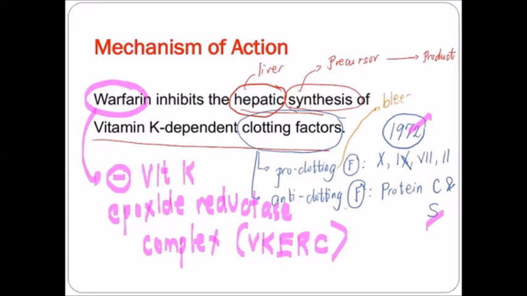Kapag na-block ang production ng 1972, ultimately, no fibrin will be formed, or walang ma-activate na fibrinogen. So pag walang na-activate na fibrinogen, no strengthening of the clot. That's why prone siya sa dissolution or breakage. Kaya ultimately, warfarin causes bleeding.